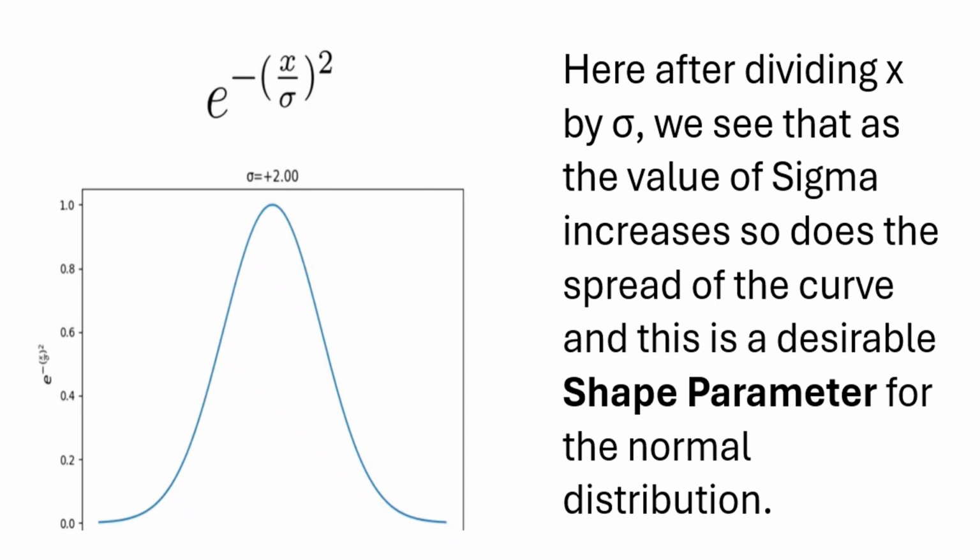Thus sigma turns out to be a desirable shape parameter for the normal distribution. So the shape and the location of this normal distribution can be successfully defined in mathematical terms.